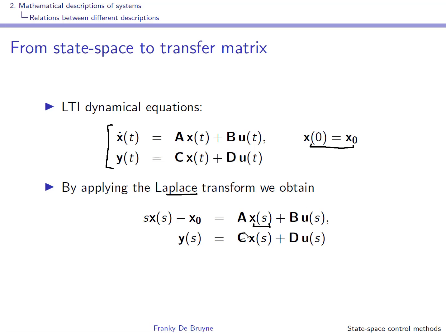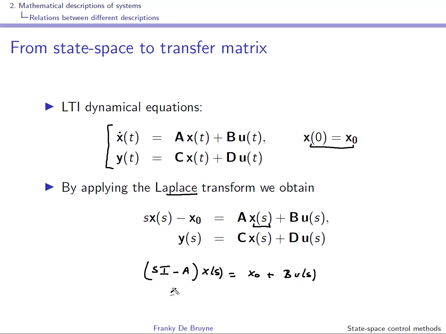So what we can do is reorganize things, because we have x of s here and x of s here. So we have s times the identity matrix minus A times x of s equal to x0, we take it to the other side, plus B u of s, right?